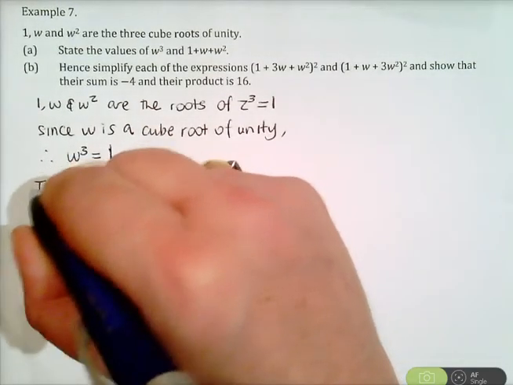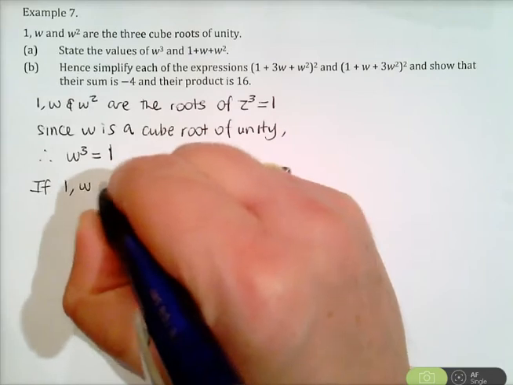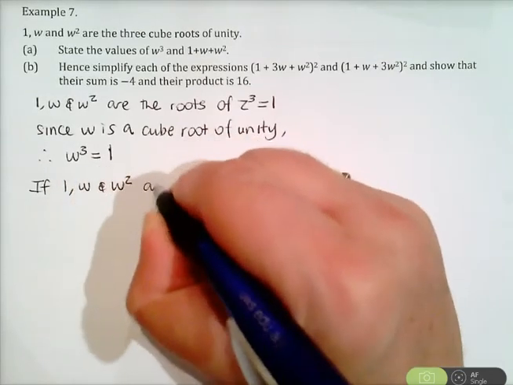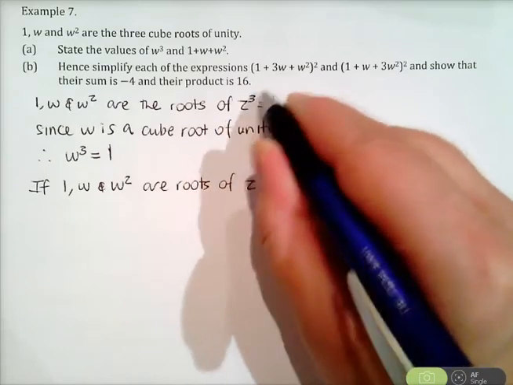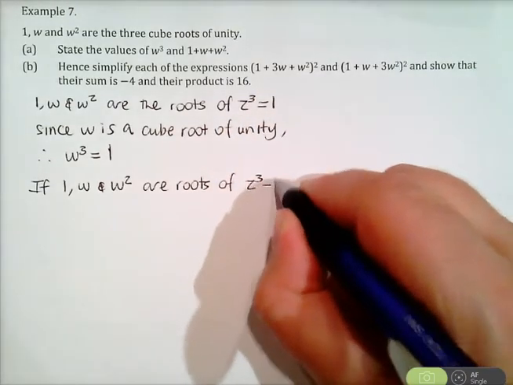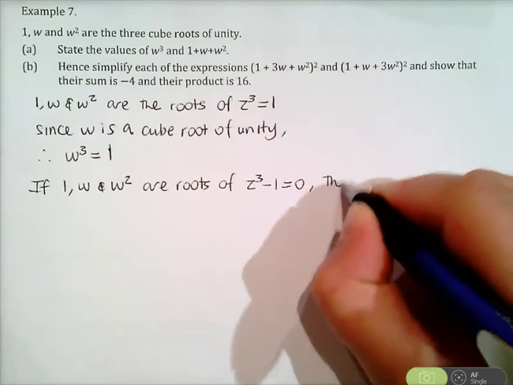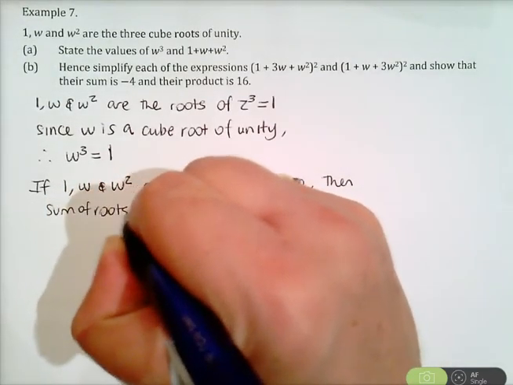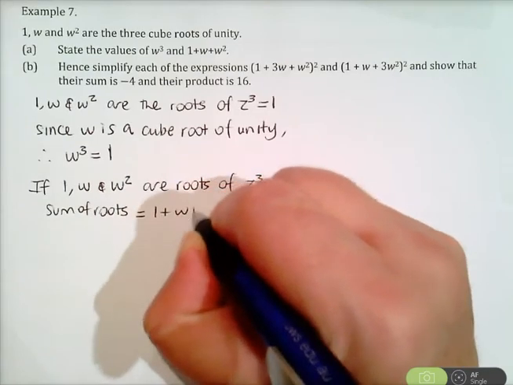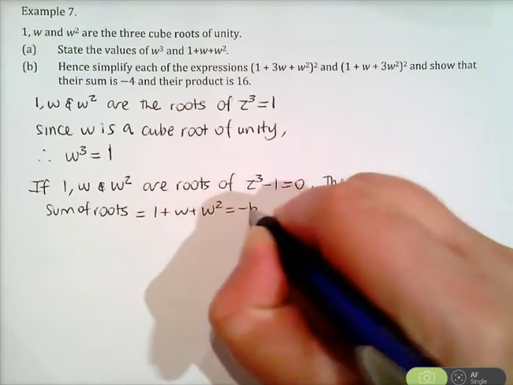Now, also we know that if 1, w and w squared are the roots of, remember we can write z cubed equals 1 as z cubed minus 1 equals 0, then the sum of the roots, which is 1 plus w plus w squared, is minus b on a.